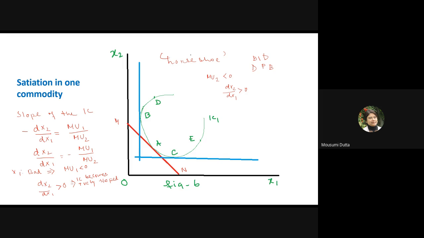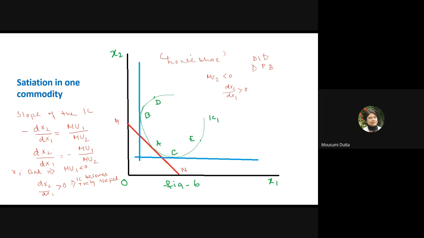Though at D you are getting more of both commodities, D is still lying on the same indifference curve. The same is happening at E. Though you are getting more of both commodities compared to C, both the commodities are not good. One of the commodities, that is X1, is bad to the consumer, and to compensate the loss you need more of the other commodity, and still you are remaining on the same indifference curve.